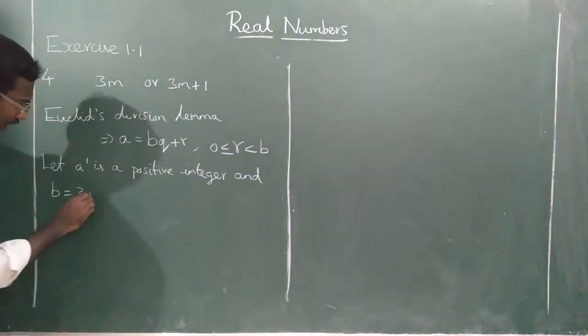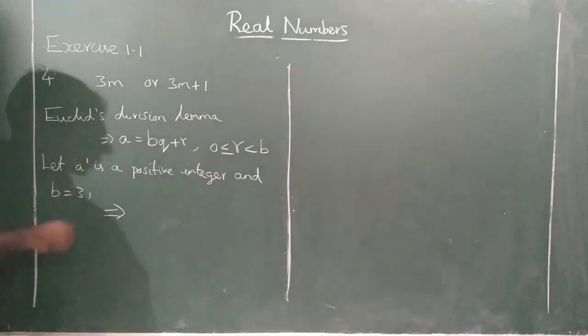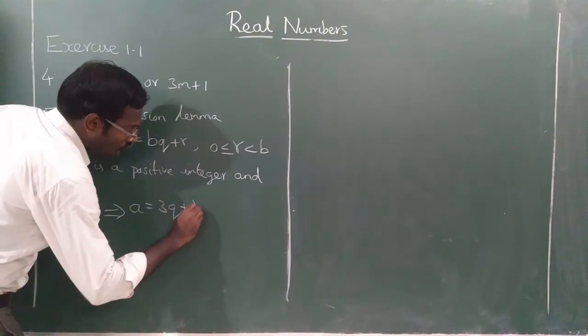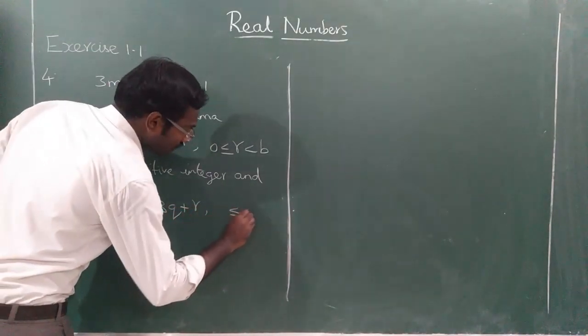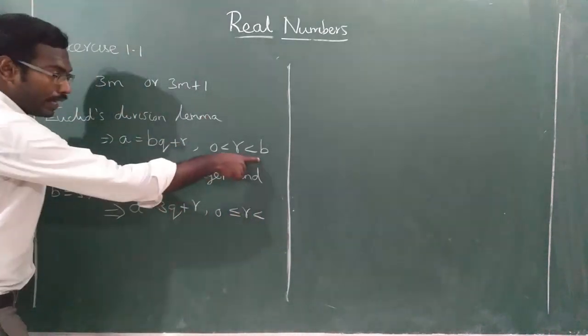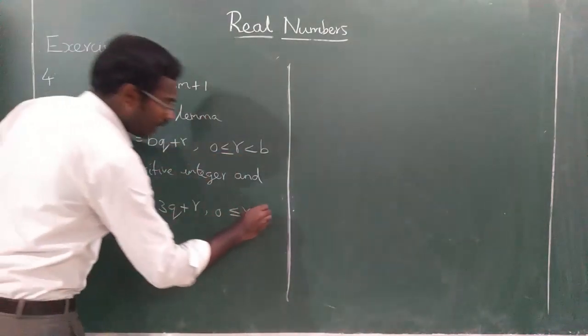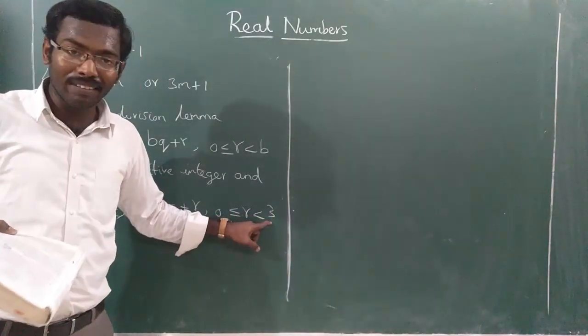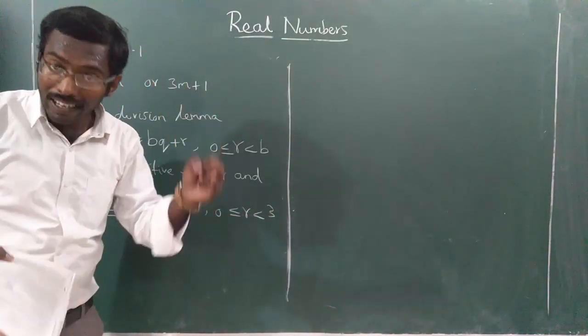So Euclid's lemma is given by A is equal to 3q plus R, where R is greater than or equal to 0 but less than B. The B value is 3 now. Greater than or equal to 0 but less than 3 means 0, 1, 2.